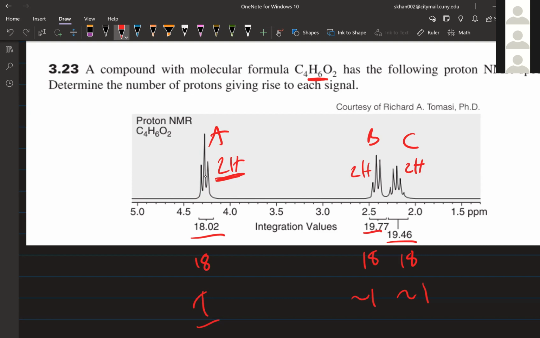This is what we call a triplet. And the formula you use here is n plus 1 equals your multiplicity. So here, our multiplicity is 3 since it's a triplet, which means n equals 2, which means wherever these 2H's are, there are 2 unequivalent protons next to them.